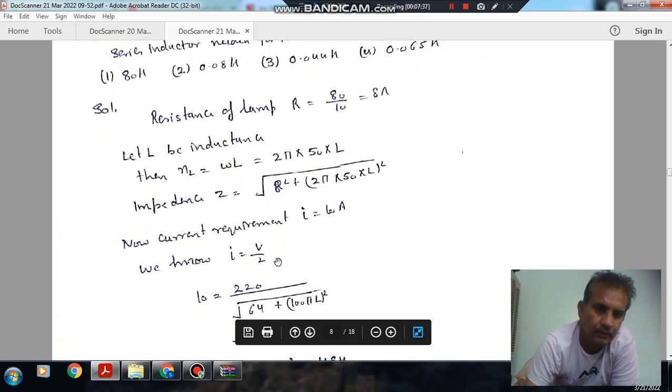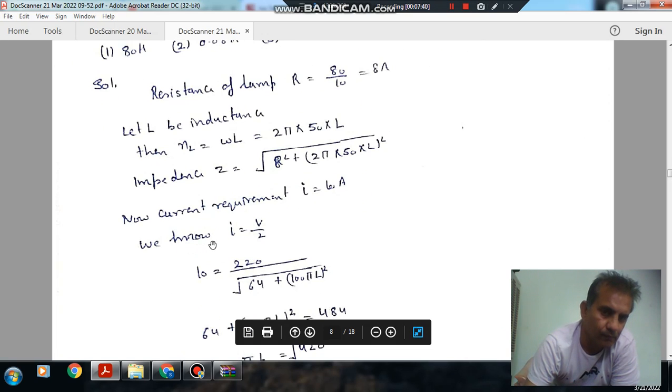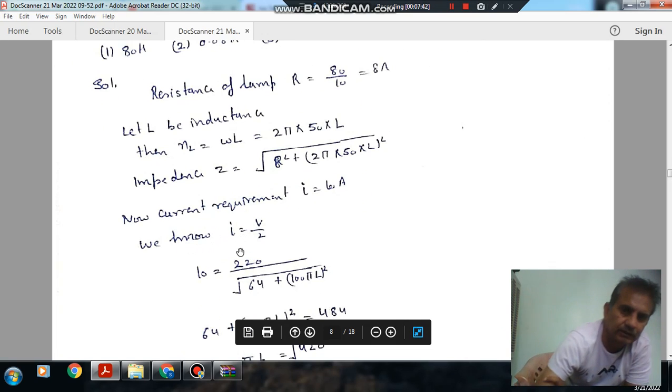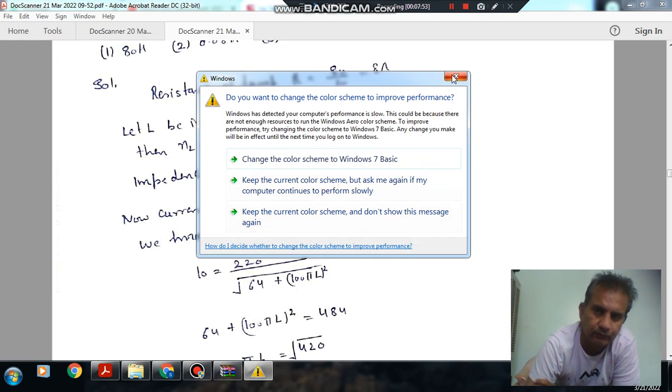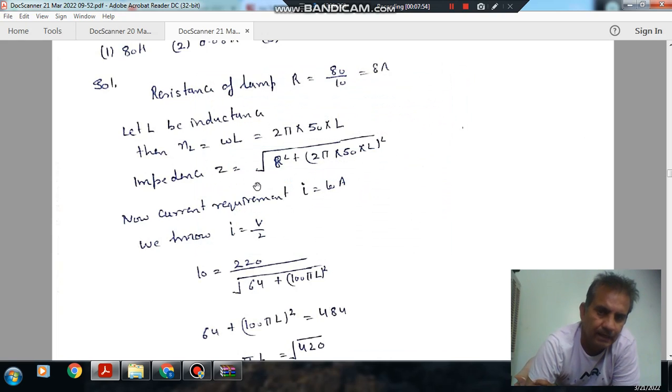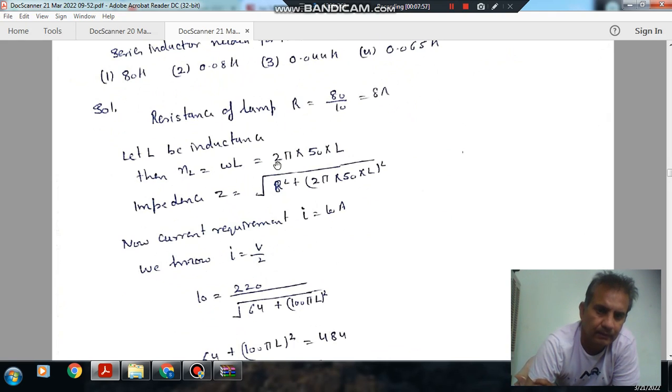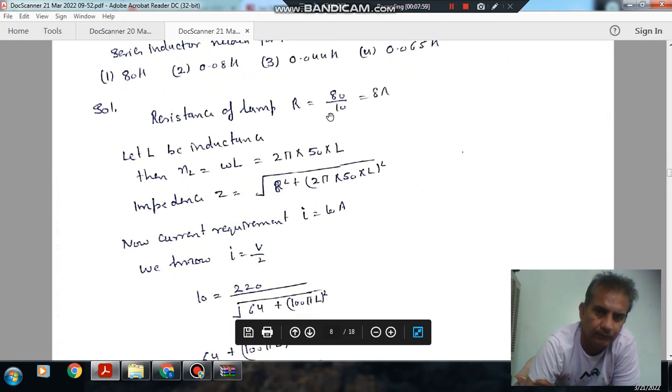And we know that the current is V by Z, because Z is impedance and V is voltage. V is given as 220 and Z is this quantity.